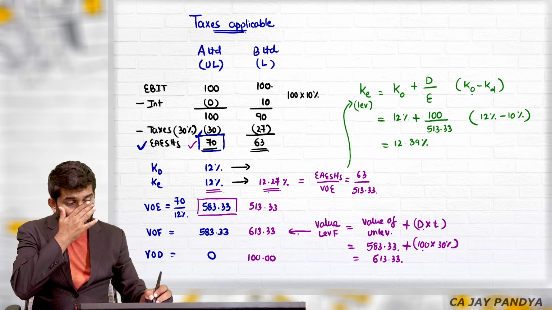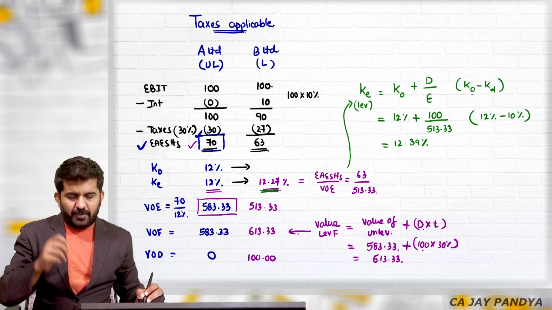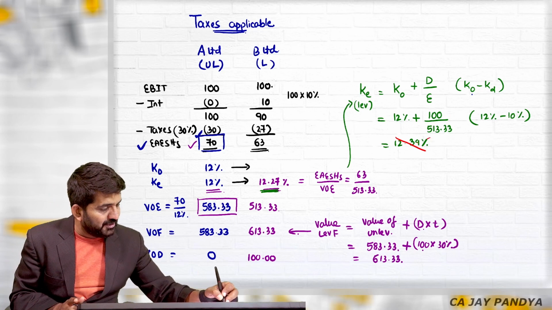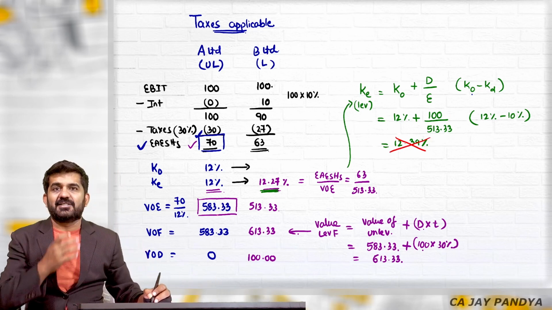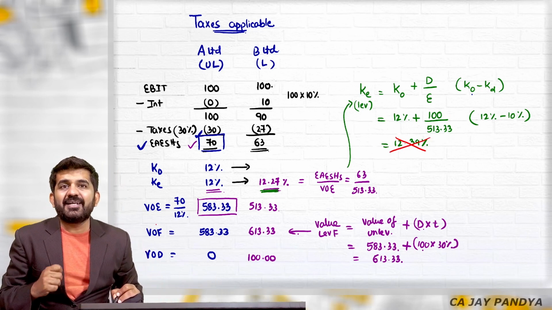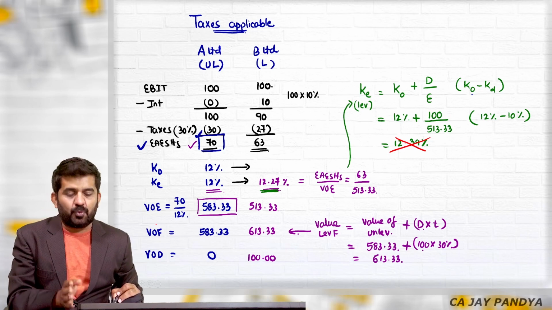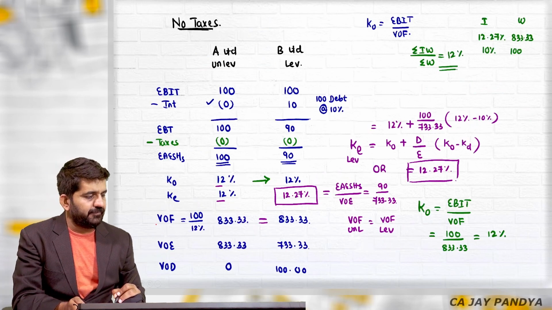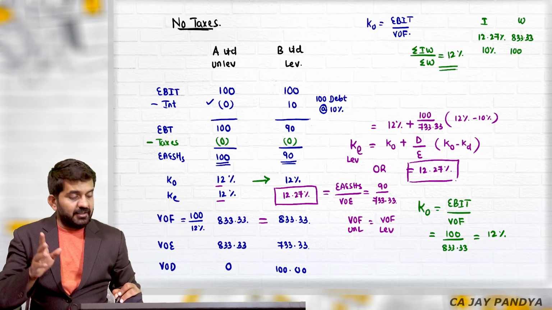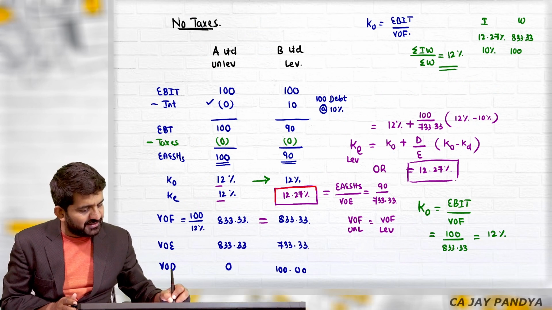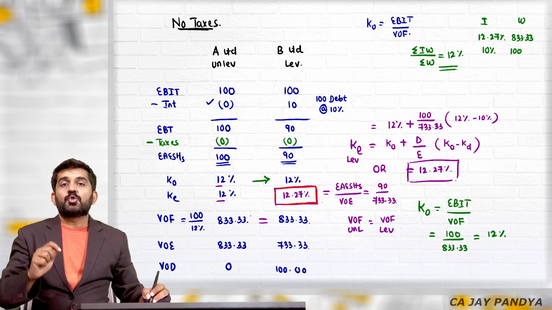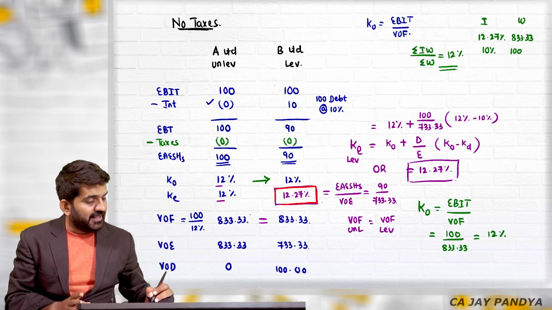Is this correct or not correct? What is the correct answer? 12.27. So this is not a correct answer. Why is it not a correct answer? Try to concentrate with the previous one. The answer is going to remain the same, so the figures over here should remain the same.